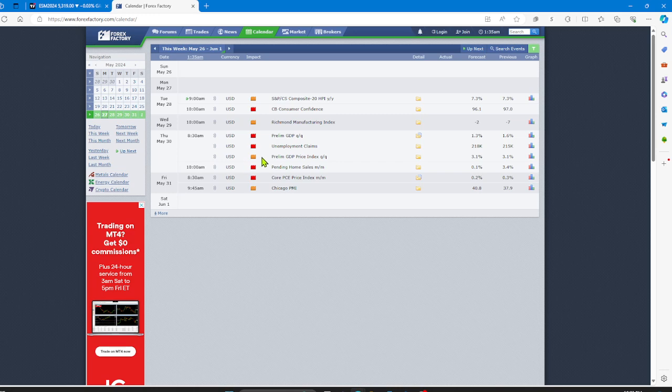And then Thursday, we have unemployment claims, some GDP price index, and pending home sales. So Thursday could be nice distribution, maybe later in the session after 10 a.m. And then we have CPI on Friday. So maybe Tuesday, Wednesday, or maybe Wednesday, Thursday, but we kind of want to probably be done early.